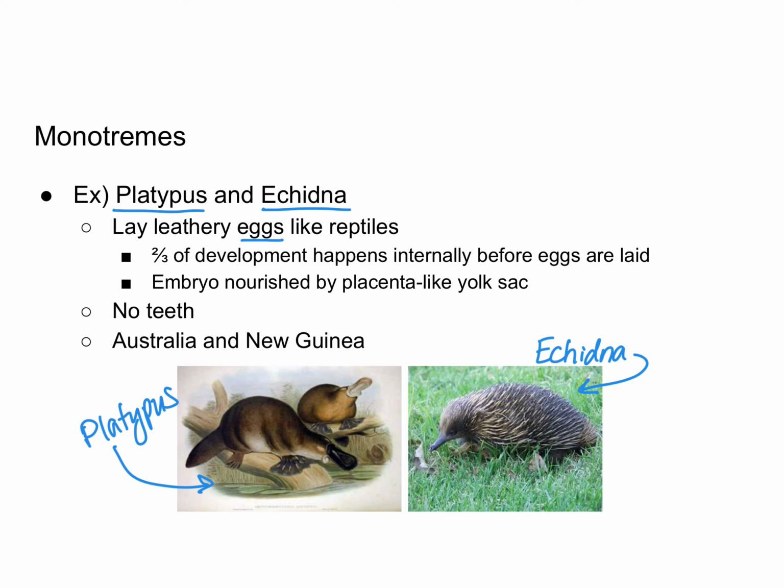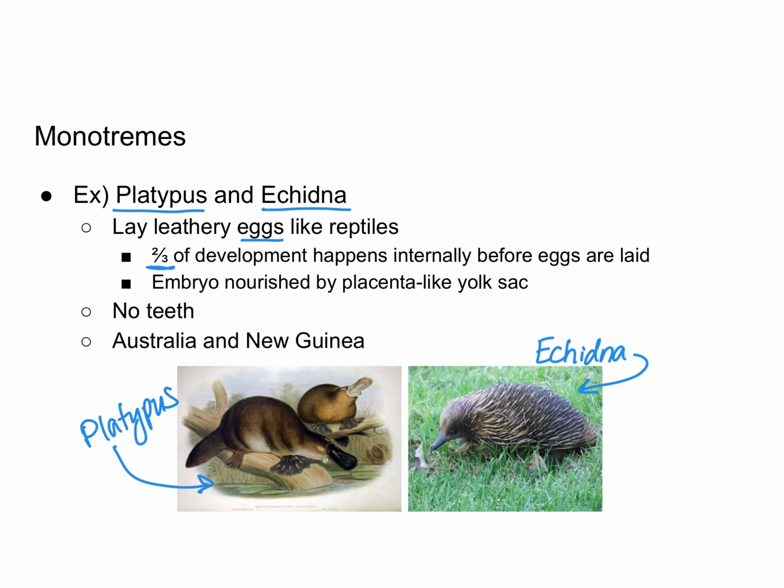It's interesting because even though they lay eggs, about 2/3 of the embryonic development actually happens inside before the eggs are laid. So it's different from, say, a chicken egg, where very little embryonic development occurs before the egg is laid. The embryo in the egg is nourished by a yolk sac that is placenta-like.